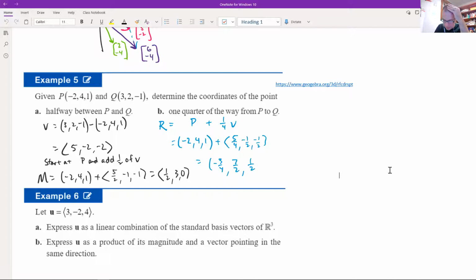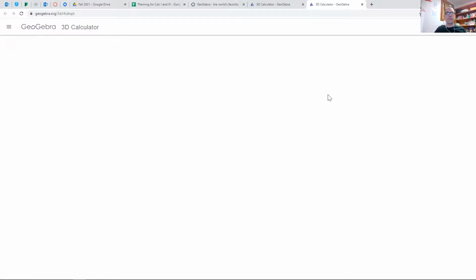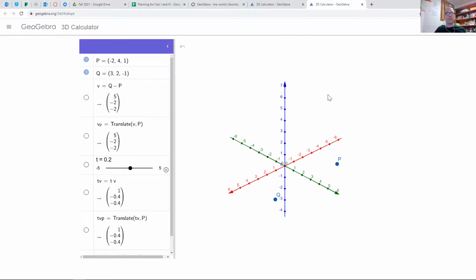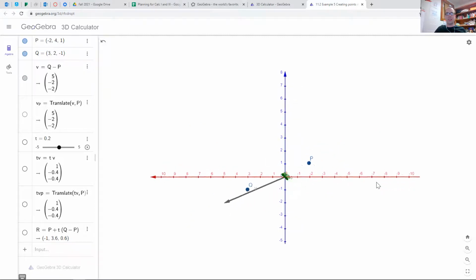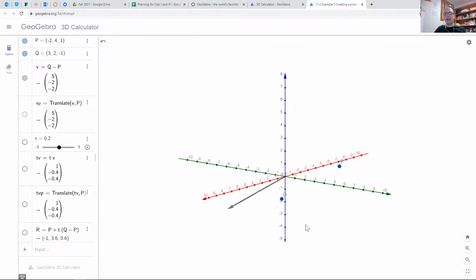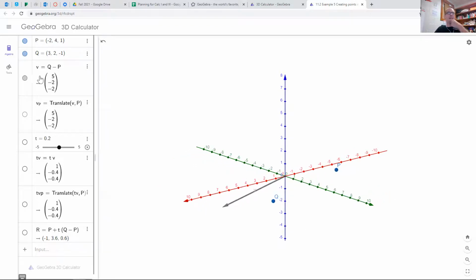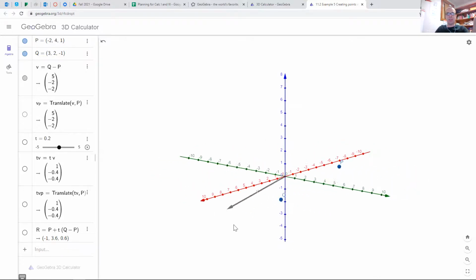And then 1/2. Great. So let's see if I click on this GeoGebra and things turn out the way that I'd hoped. Hey, we've got a good vector there. So let's take a look at what GeoGebra does here. What I've done is put in P and Q. And if I tell it to go Q minus P, we get this vector v, and notice that it automatically puts it at the origin.